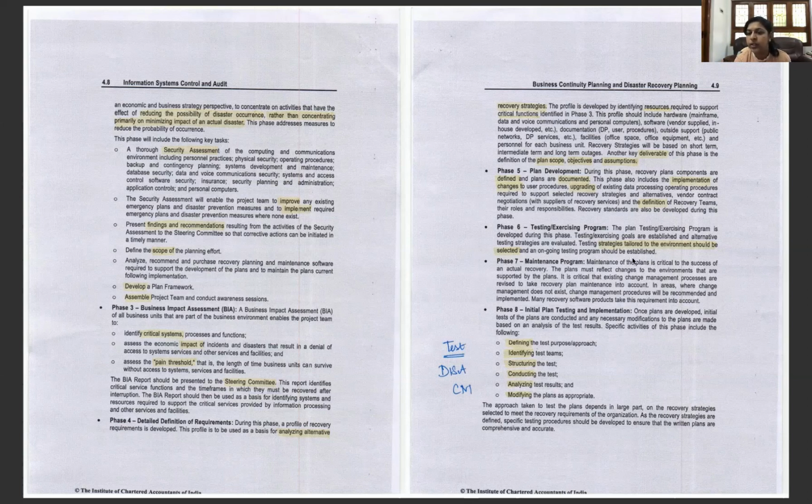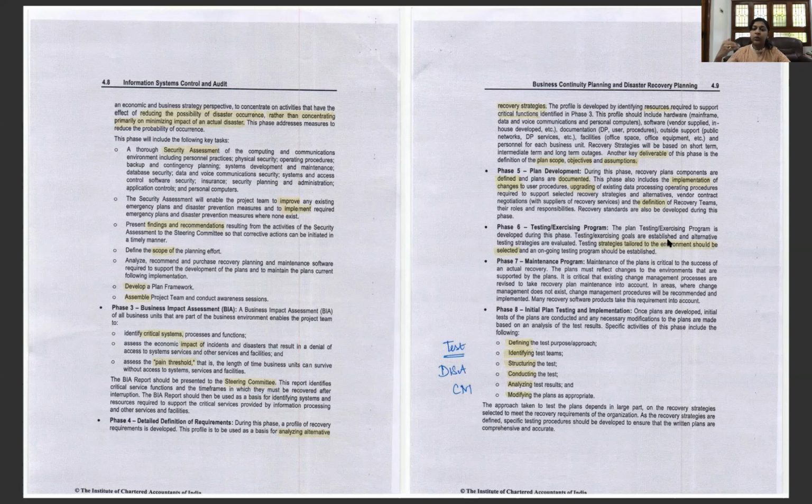And an ongoing testing program should be established. That should be on a continuous basis. Just like we will see in the other chapters, it should be on a concurrent or continuous basis. So this is testing. What happens here? Testing or exercising goals are established. First, we establish the goals. What is our testing goal?